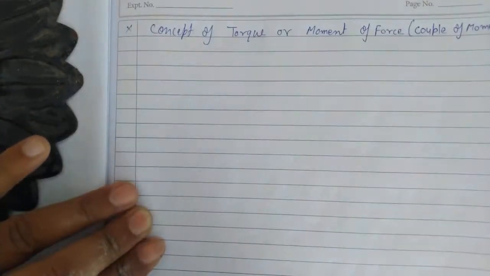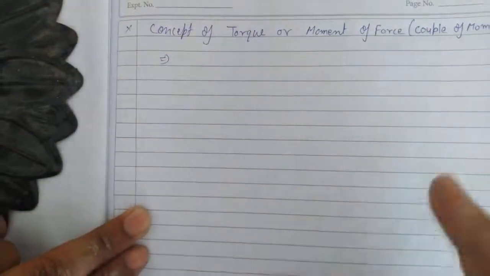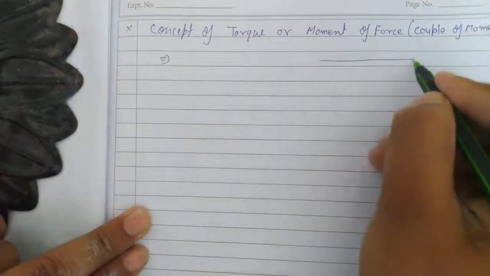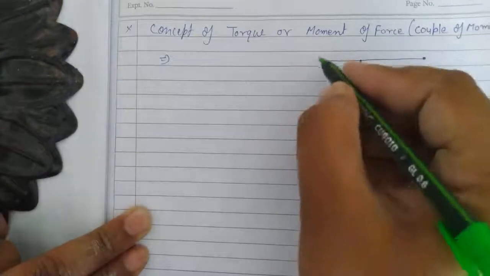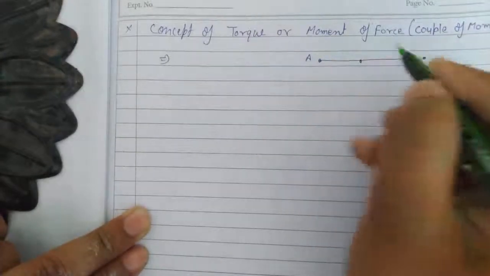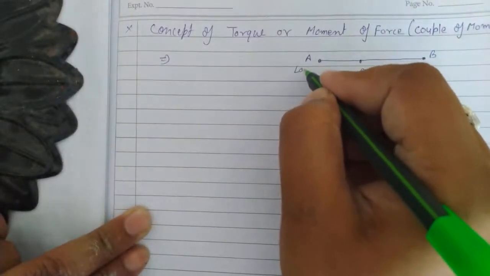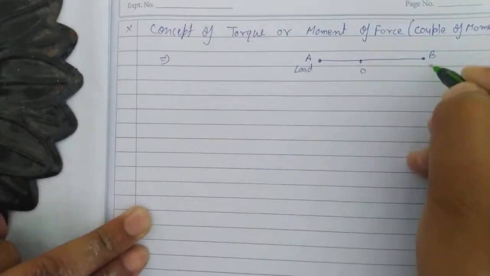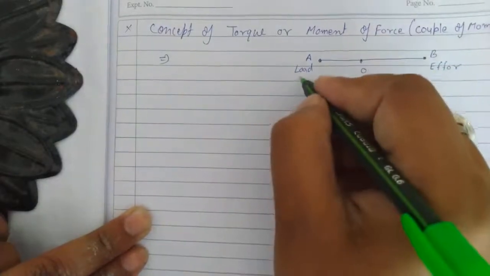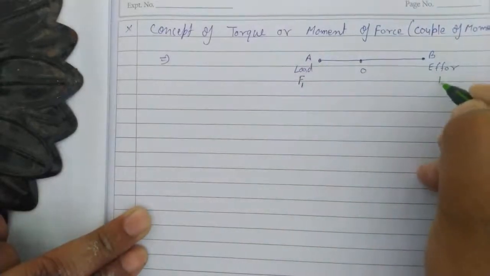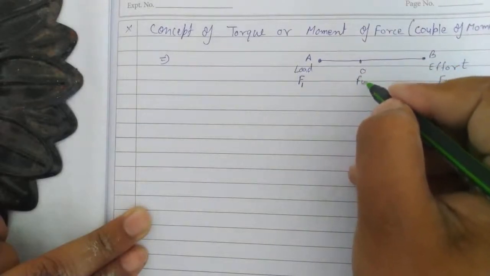For this, suppose we have a rod, as we discussed in the principle of moments. Let's say this is point A, this is B, and this is O. Here A is called load, B is called effort, and let's say load is force F1 and this is force F2. This point O is called fulcrum.